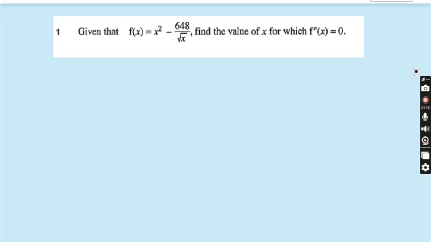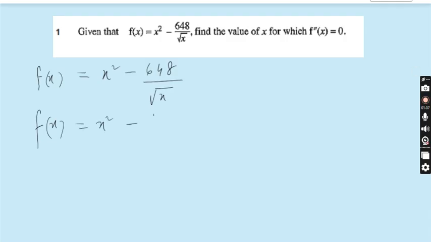First write the equation of the function f(x) equals x squared minus 648 upon root x. Square root of x can be converted into x power negative half.